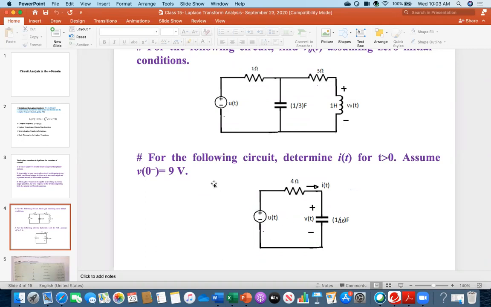But once you apply the Laplace technique, you don't need to write any differential equation. You just express the capacitor and the source in the equivalent Laplace domain, and that will automatically include your initial values. Then you calculate the current I and express it in the time domain.